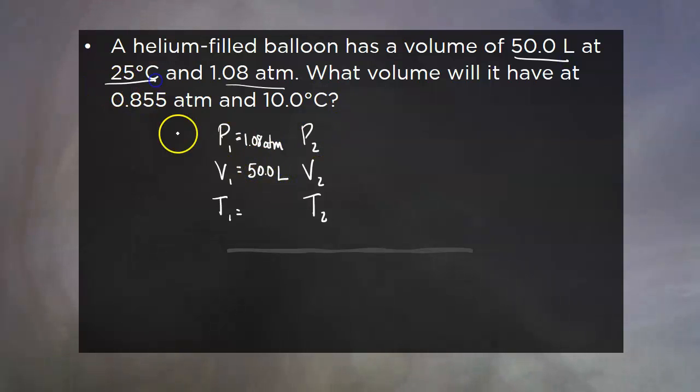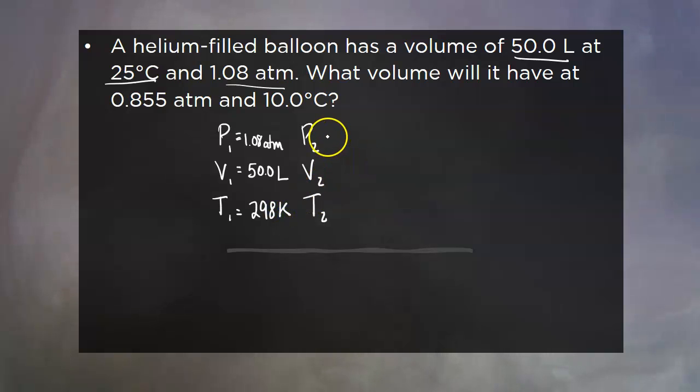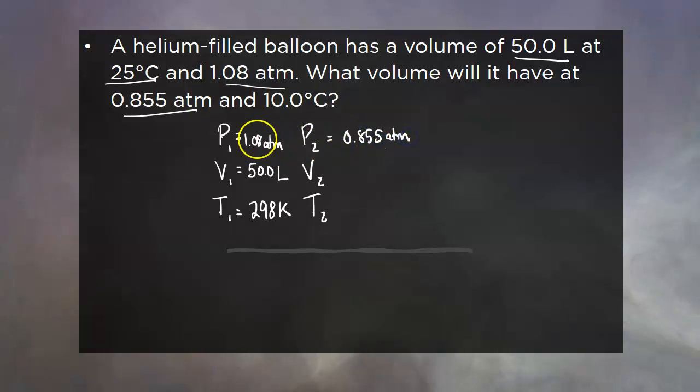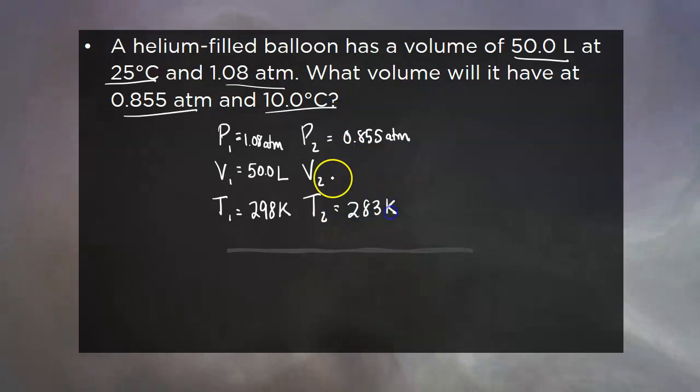And temperature 1 is 25 Celsius. Let's turn it into Kelvin. We said 25 plus 273 is 298 Kelvin. Pressure 2 is 0.855 atmospheres. Temperature 2, 10 plus 273 is 283 Kelvin. Volume 2 is what we don't know.